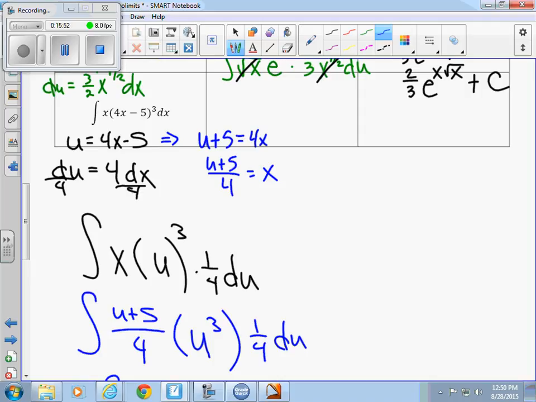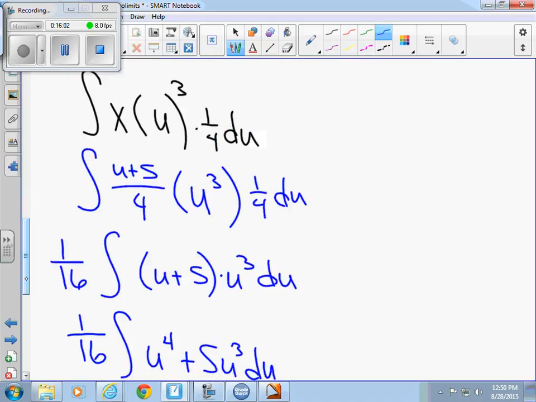Does that make sense? Because remember, I cannot integrate du if I have an x involved, so I've got to get rid of that x. So I went and found that, and it was u plus 5 divided by 4. Then you can simplify and integrate. Make sense? So this is the worst of the worst as far as u substitution goes.